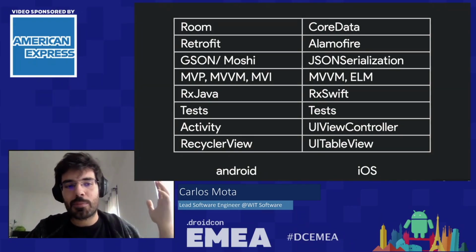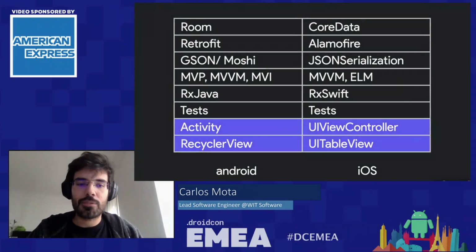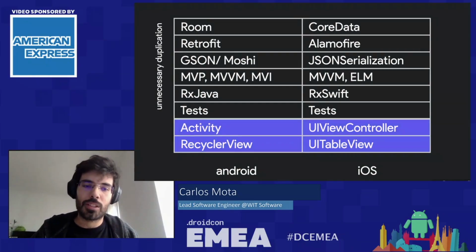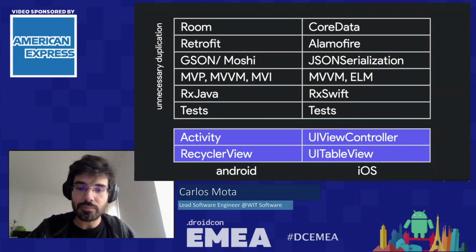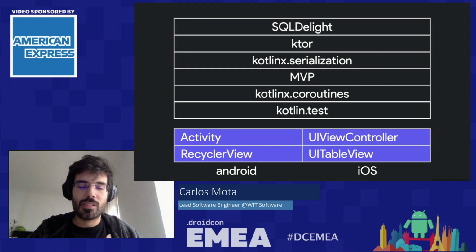For network access, you typically use Retrofit and Alamofire. For serialization, you use Gson or JSON serialization, and so on. The big difference here is the UI itself: on Android you use activities, and on iOS you use UIViewController. We want to share this business logic, so we're going to merge everything and use the Kotlin Multiplatform library.